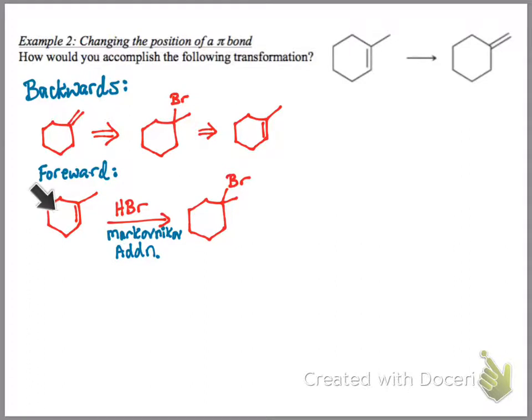So going in the forward direction, starting with the double bond, we're going to add HBr, which adds hydrogen and bromine across a double bond, and it will put the bromine on the more substituted carbon, and there's no likely rearrangement here.